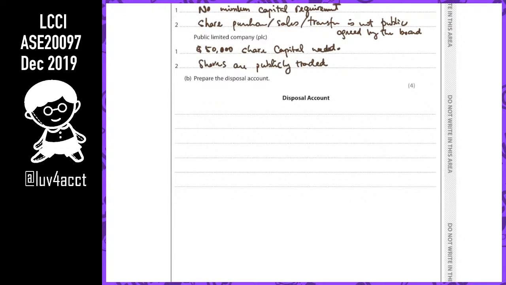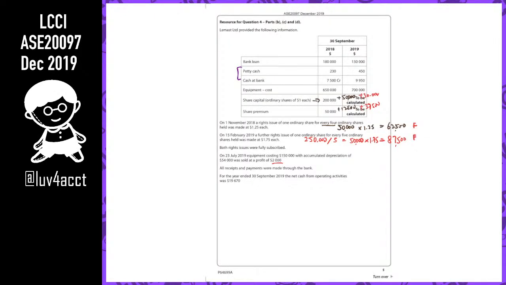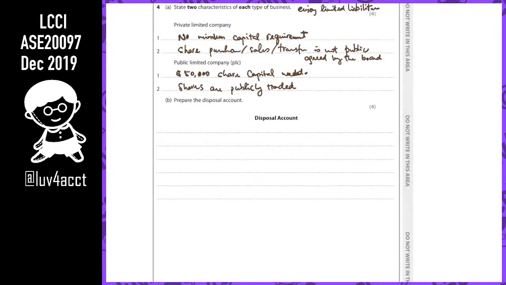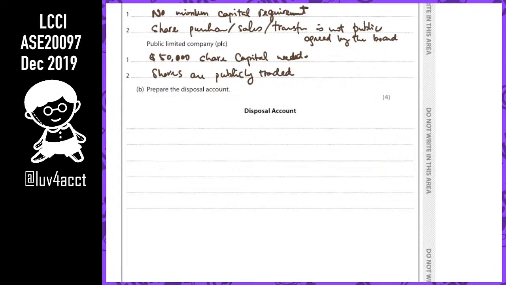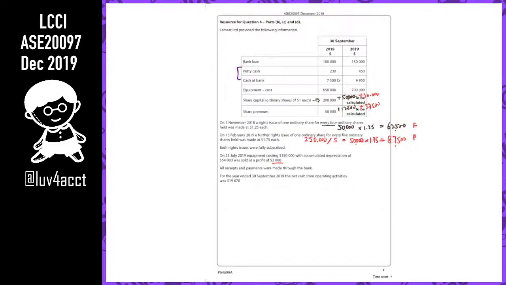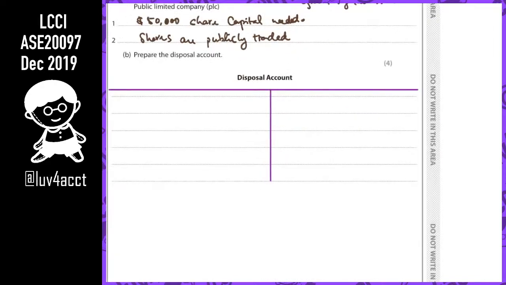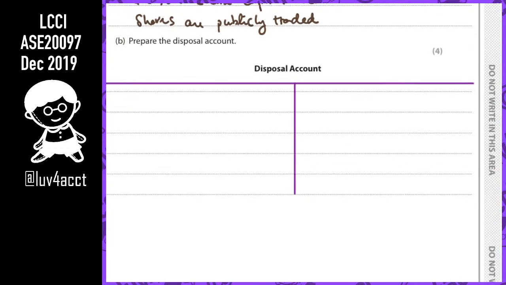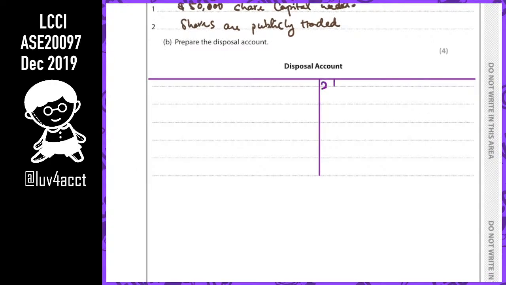Let us use what color? Purple maybe. When is the date of the sale? 23rd of July, year 2019.